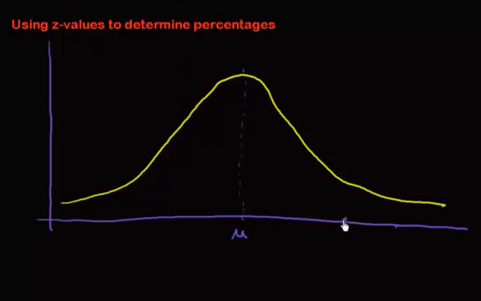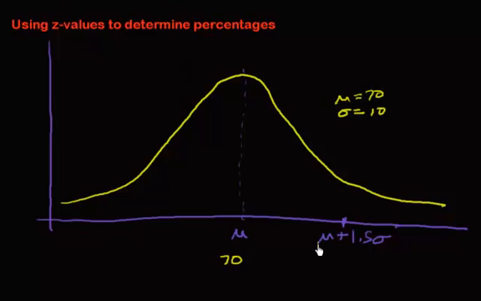All right. So, for example, let's say this is how we would represent 1.5 standard deviations away. Just so you understand what this notation means, say you had a mean of 70 and a standard deviation of 10.